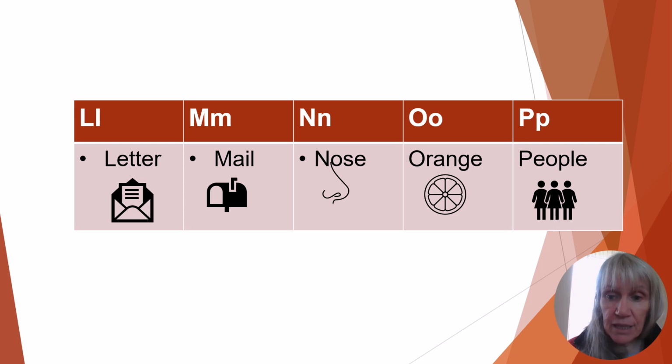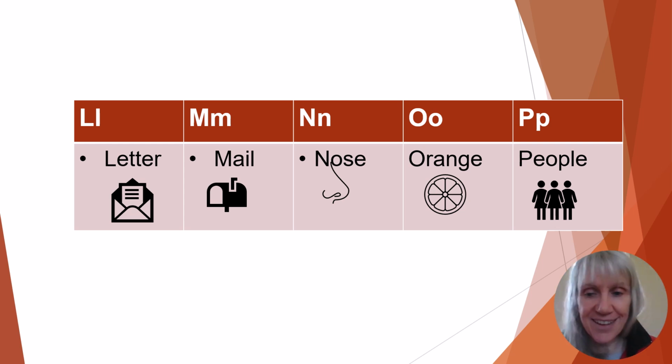M, we can think of mail, see the mailbox, sending the letter in the mailbox. Then we have N for nose, and that's one way of remembering it. O for orange, and there's a slice of an orange there. And P for people. We see the P here and the P there. P, people. And we'll go over those sounds later on.